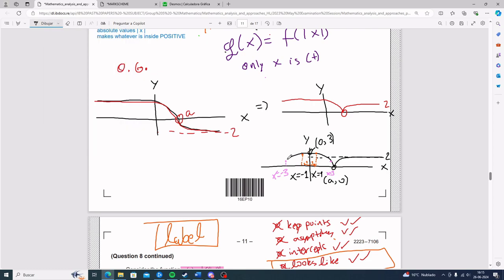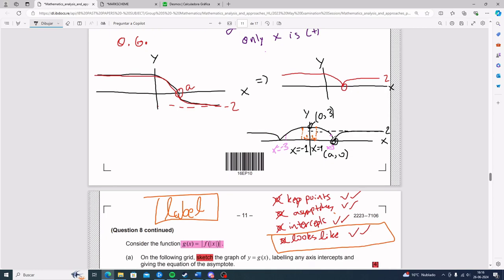And so you go boom, and then boom. And so here is your sketch. And so because, as I said, the x equals -3 has the same y value as the x equals 3, then if this is a, that means that this is -a. And so now we are ready to sketch properly.